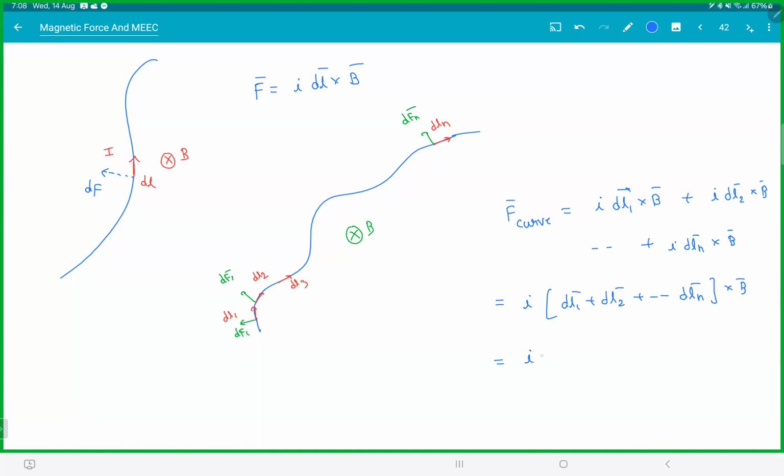This simply becomes I into L_AB bar cross B bar, where A is your starting point and B is your ending point. This is also called the projected length.